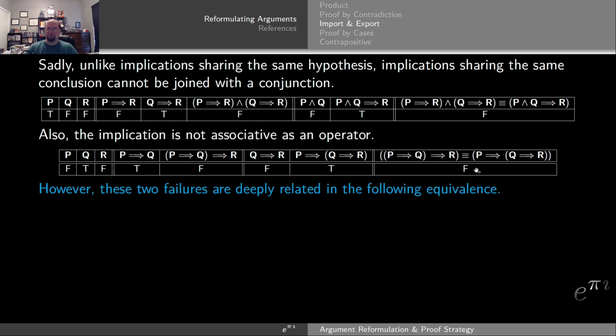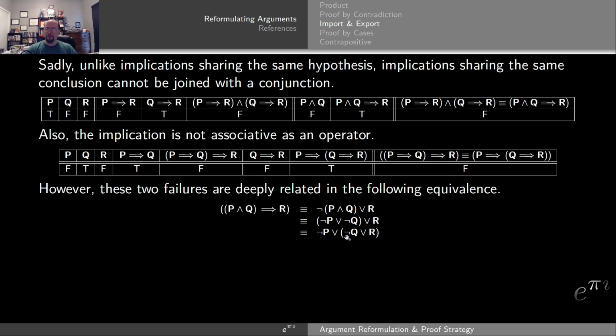So now, these two failures are actually deeply related with the following equivalence. Let's start again with P conjunction with Q implies R. I can rewrite this as negation of hypothesis, disjunction, conclusion. But I can now use De Morgan's laws to distribute the negation, changing the conjunction to disjunction, giving me negation of P, disjunction, negation Q, disjunction with R. Now, disjunction is associative, so I can rewrite this as negation Q, disjunction R grouped together with negation P sitting outside.